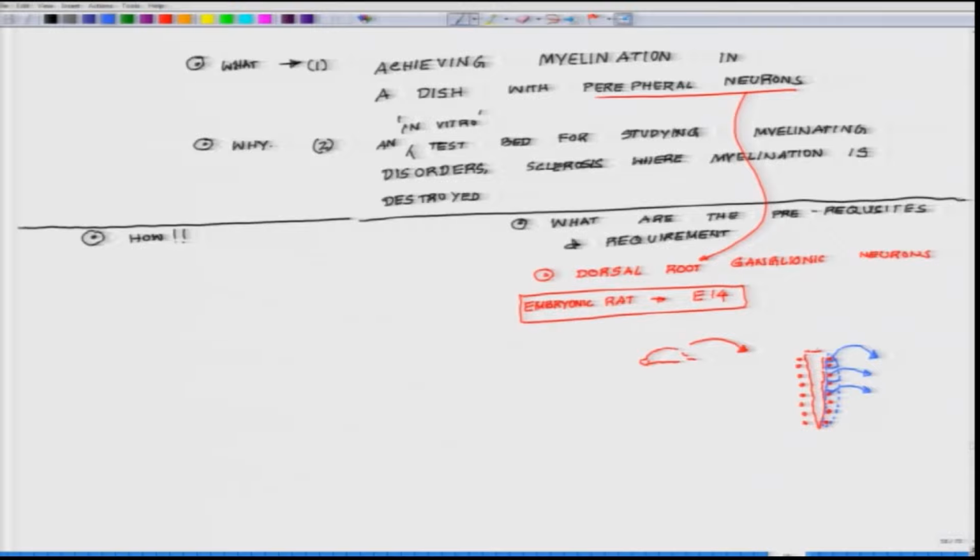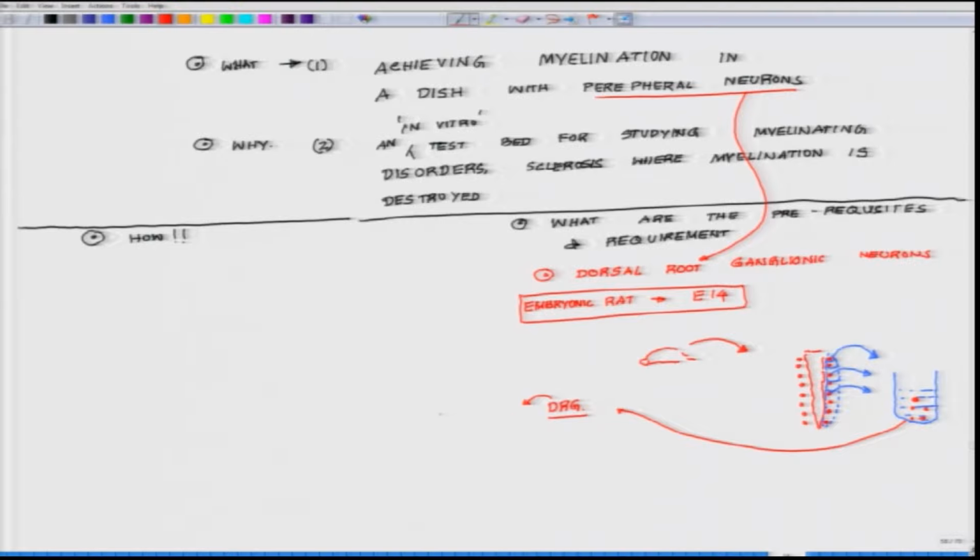Okay. So, now what you have is the collection buffer, something like Hibernate, and you have these dorsal root ganglions, DRGs. Now, these DRGs need to be enzymatically dissociated.